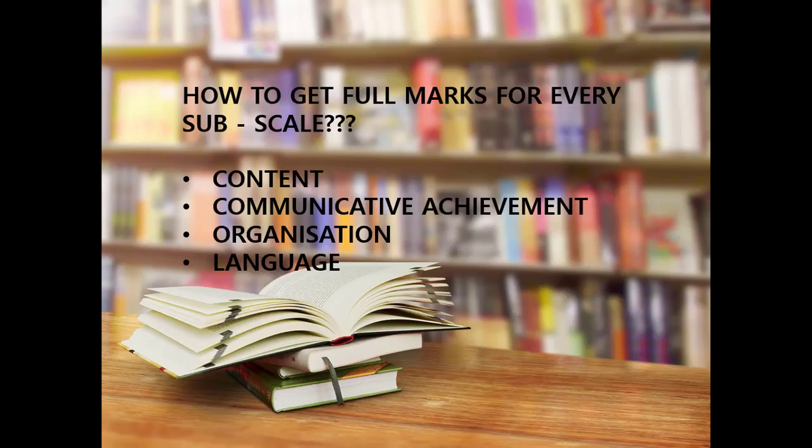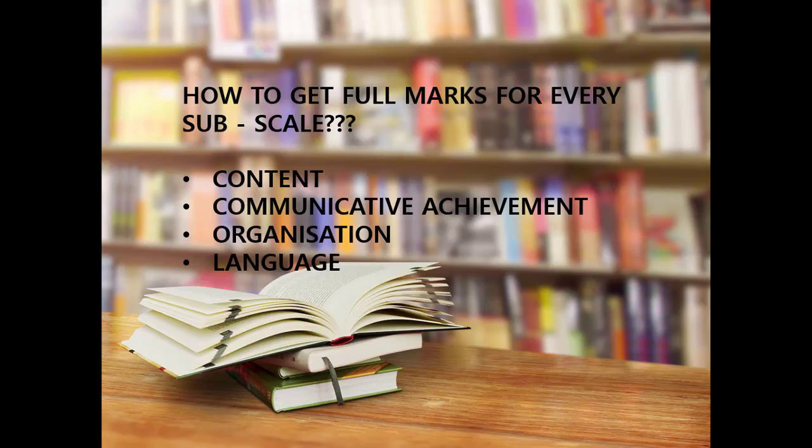So how to get 20 marks for each part? I mentioned it earlier. There are 4 sub-skills. Firstly, it's all about content. Next one is communicative achievement, followed by organization, and last but not least is the language.